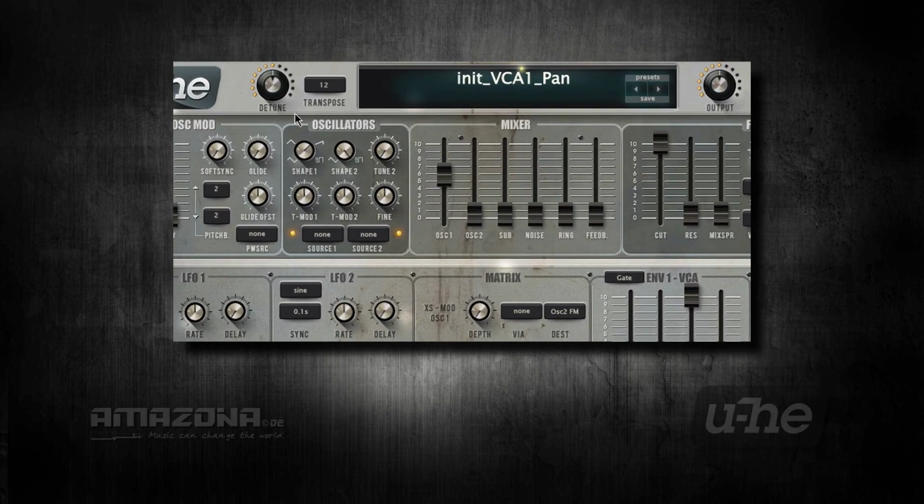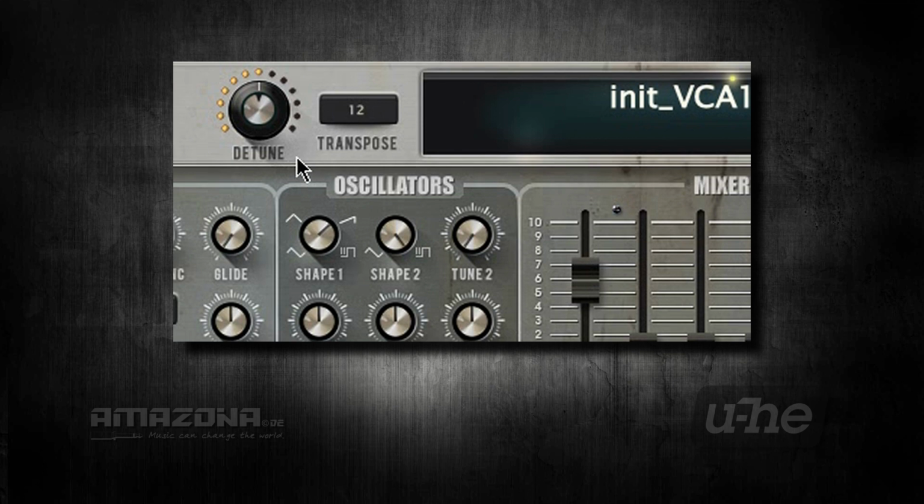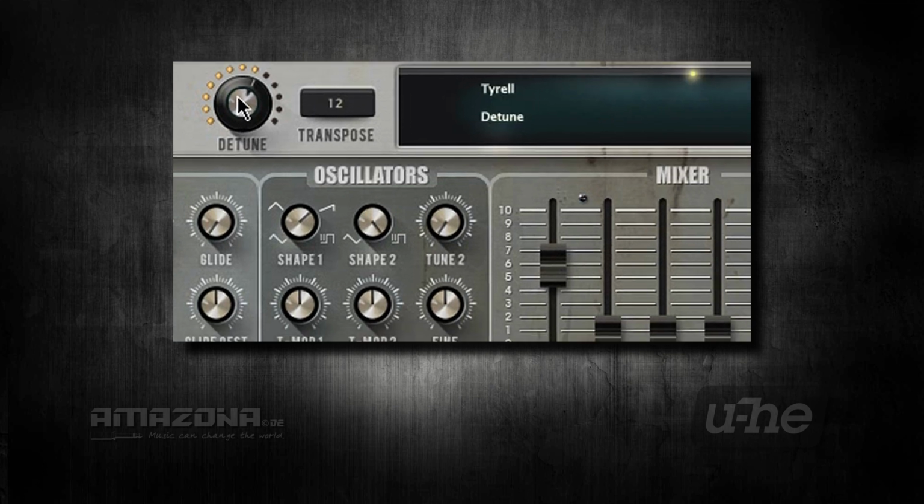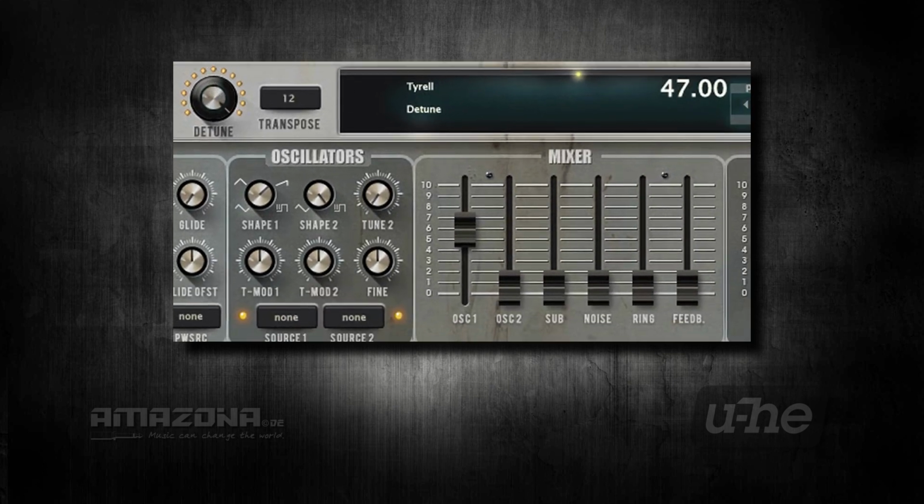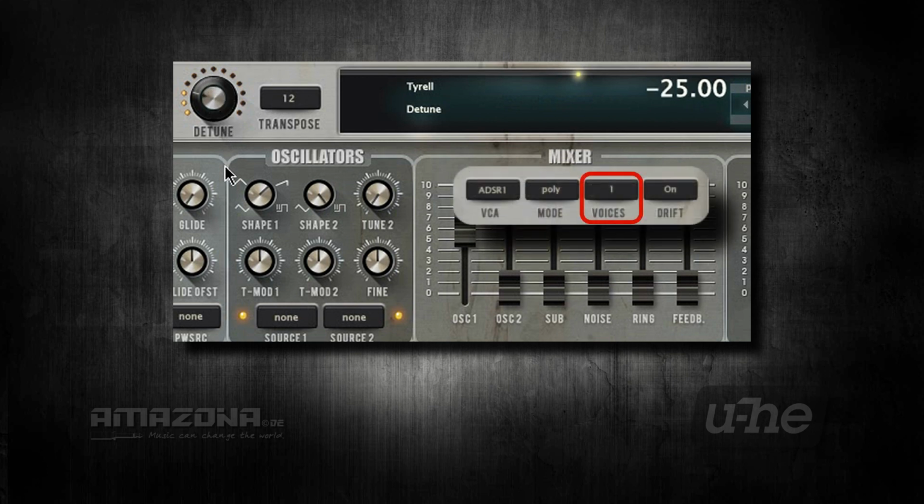The Detune knob plays two different roles here. It'll fine-tune an entire patch up to 50 cents in both directions if only one voice is selected.